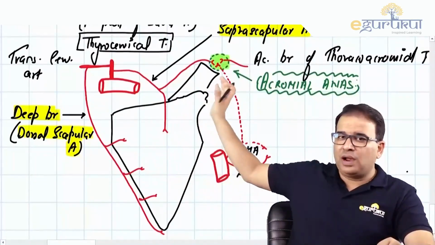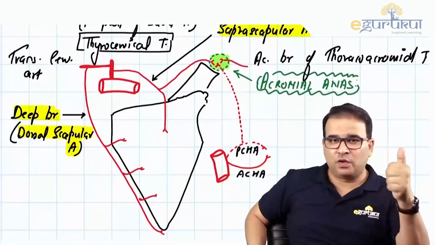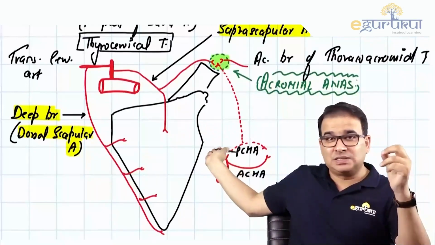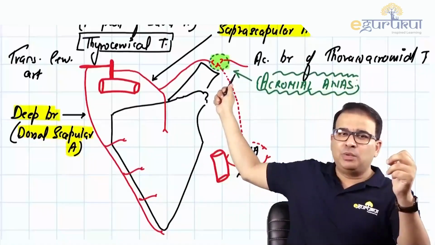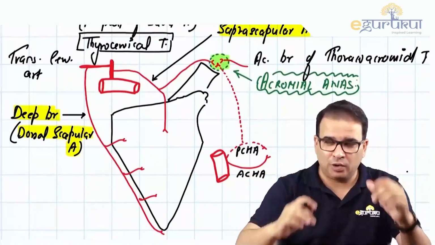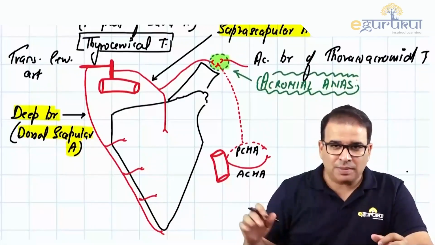But before that, I'm looking at an anastomosis taking place at the acromion process by the 3 acromial branches. From where? One from suprascapular, one acromial branch is from posterior circumflex humeral artery, and one acromial branch is coming from the second part of the axillary artery, that is from the thoracoacromial trunk. That's an acromial anastomosis. Now coming back to the body part.